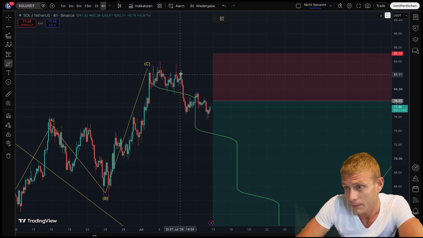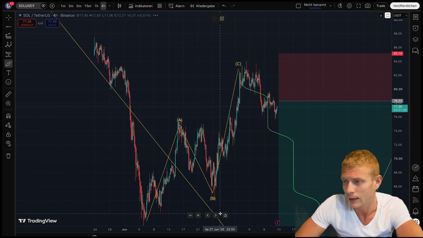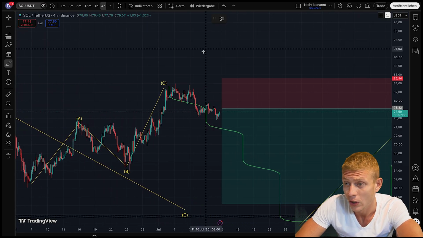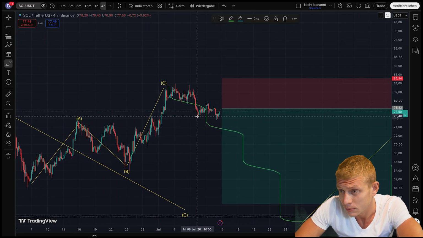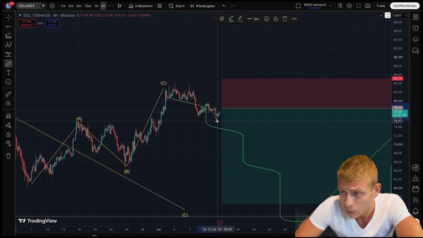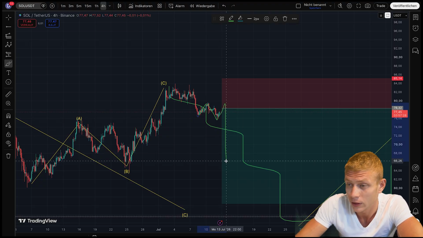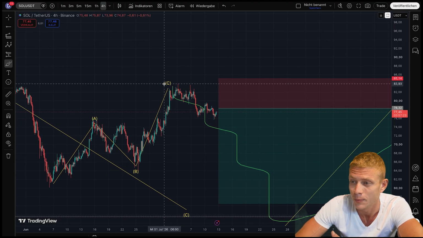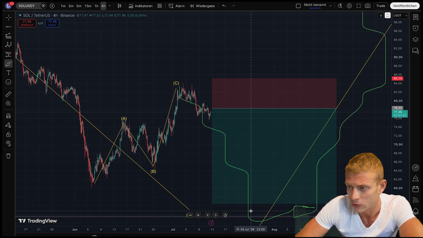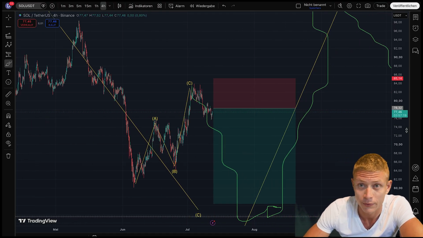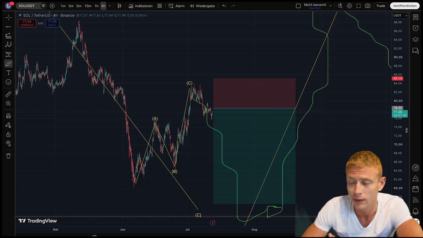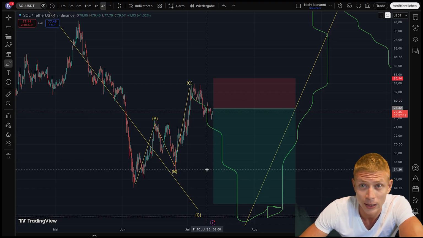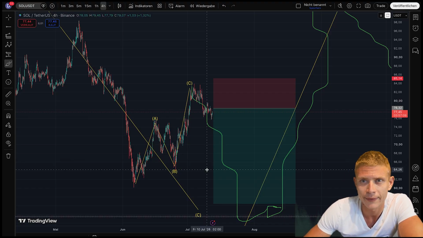Either these are many smaller 1-2 setups and we're getting a larger wave 3 here towards the downside and many smaller 4-5s, or for example, this is a W undershooting X and a Y, and then we are going down. In both cases we are going down, and we are not supposed to go above the C wave high anymore. We are actually supposed to make one lower low and then reverse towards the upside for good. So that's basically what our analysis would be, and that's what we are trading on, not more and not less.